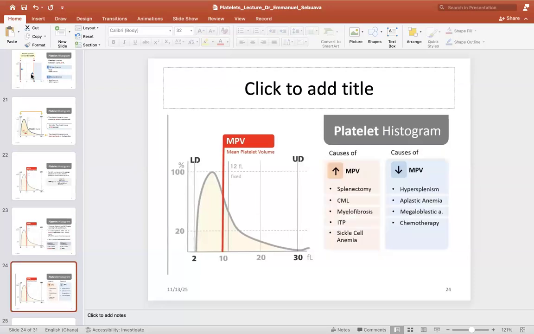So if you have increased MPV, some of the things you can start looking at or questioning is whether the person is having any of these conditions. One, has the person gone through splenectomy? Is the person having any malignancy, for example chronic myeloid leukemia? Is the person having myelofibrosis, ITP, or sickle cell anemia?